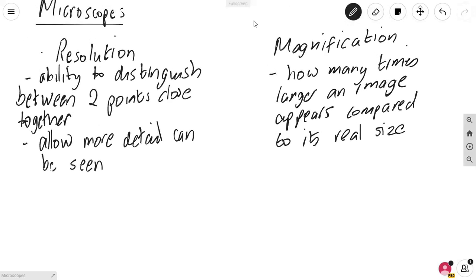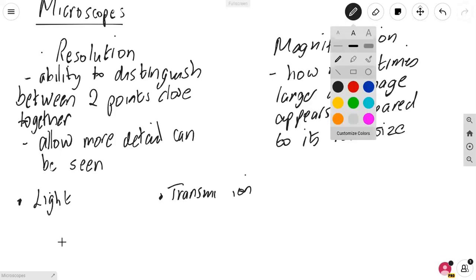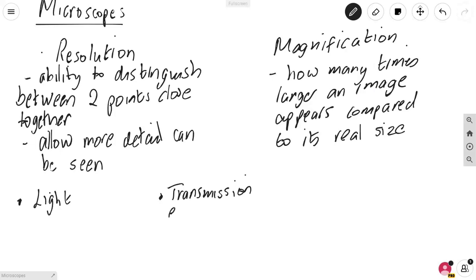In terms of the microscopes, you're going to come across three that you need to know. The light microscope, which is the microscope that you're used to in school, normally plugs into the electricity and shines a light through some lenses. You've then got two electron microscopes. You've got the transmission electron microscope.